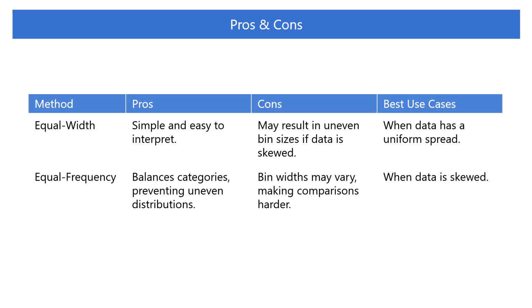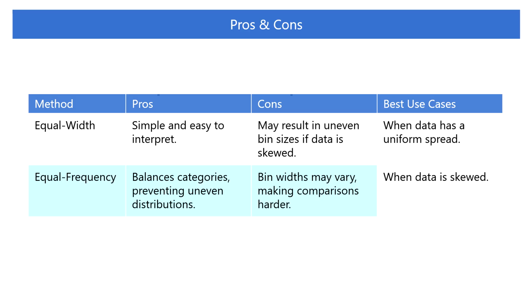We need to choose the right discretization method depending on the case. Equal width binning is simple and easy to interpret, but it may result in uneven bin sizes if data is skewed. Equal frequency binning can balance categories, preventing uneven distributions.